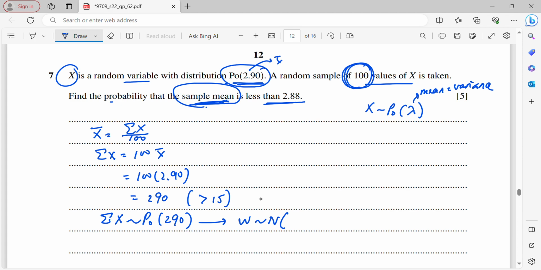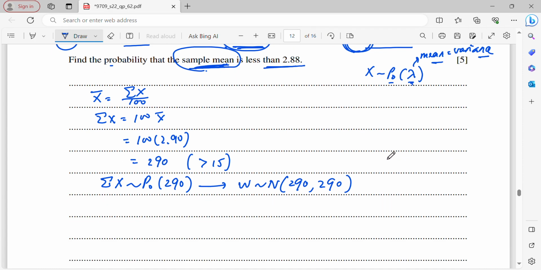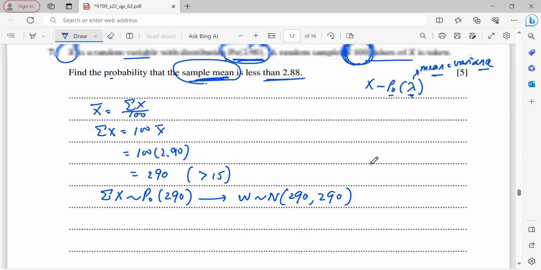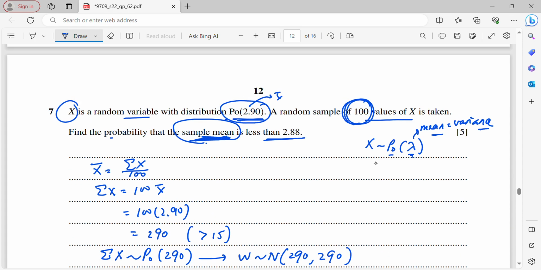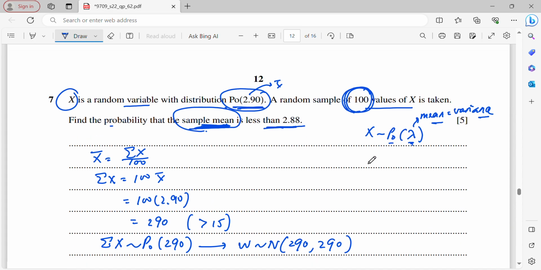Just for information, for any Poisson, the mean is the same as the variance, which is the same as lambda, which means now my mean is 290 for the normal distribution. My variance is also 290. So now I'm getting the distribution of the total X, the summation X. Now, from here, you need to find the probability that the X bar is less than 2.88.